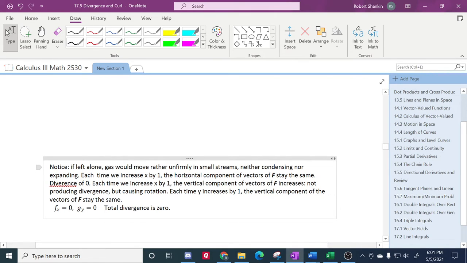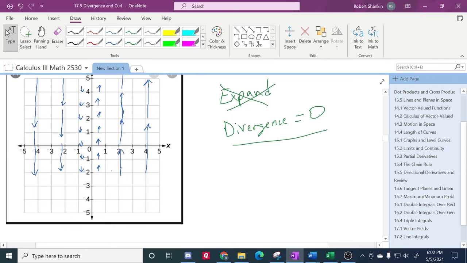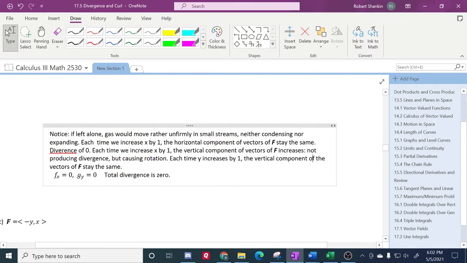Each time y increases by 1, the vertical component of the vectors of f stays the same. So f_x, we're saying, is 0. Every time you increase x by 1, because that's a derivative with respect to x, but f is the x component of the vector field, that doesn't change.